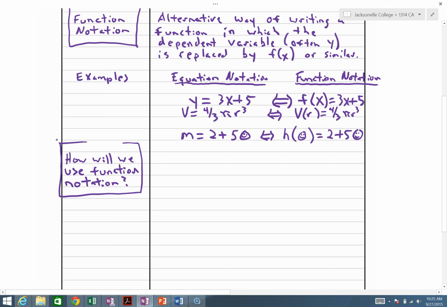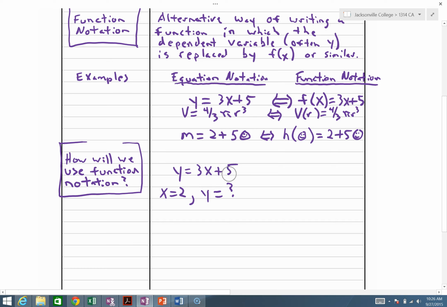So let us start with our equation notation of the first equation here, this y equals 3x plus 5. Let's say I had a scenario and I know I have an x value of 2. I want to know what is the corresponding y value. Well, we know by now we will take this 2 and substitute it in place of x.